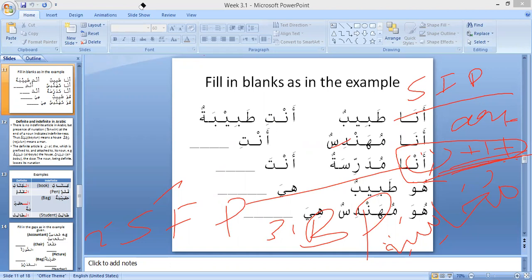Why do the names not have a ta? For example, you said Muhammadan. Why not Muhammadatan? Because for other words, for example Tayara, it was Tayaratan.